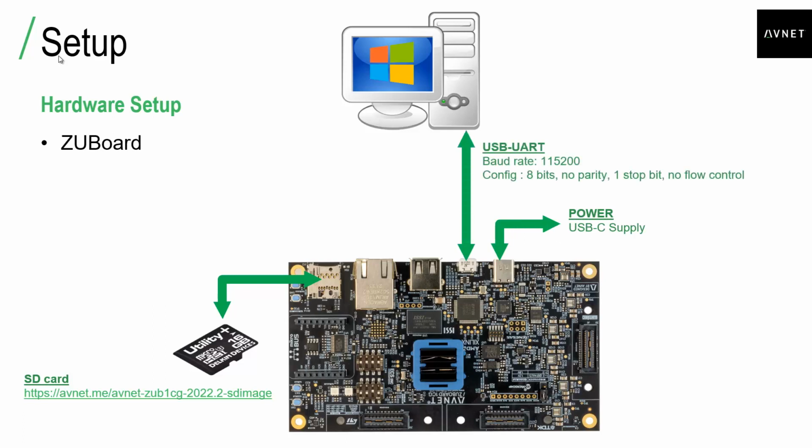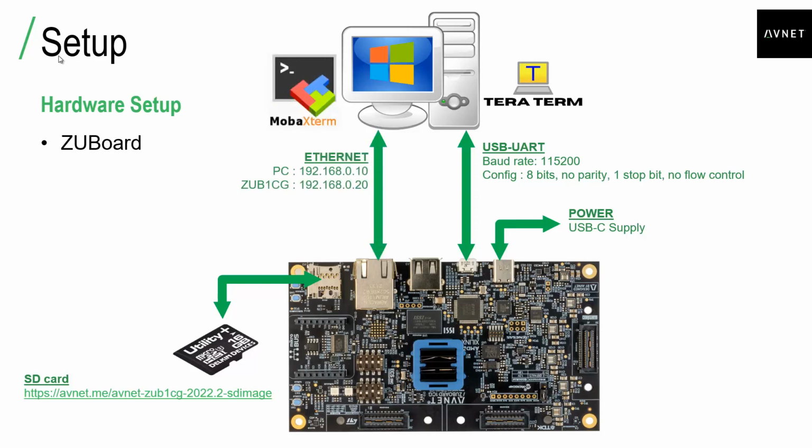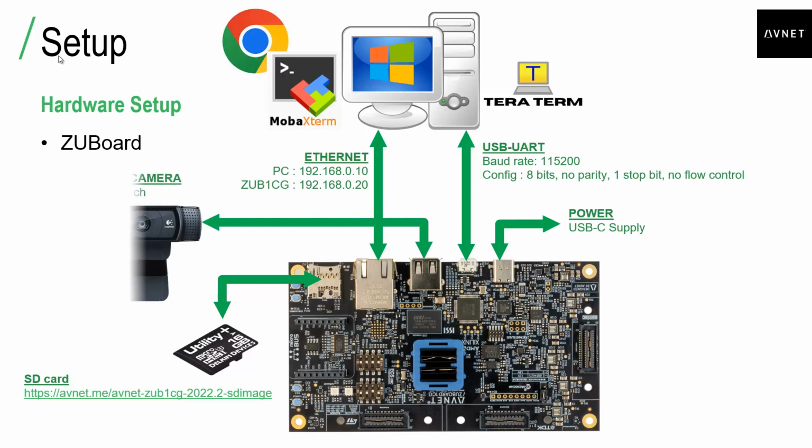We'll have this connected to the PC with a USB to serial port, as well as an Ethernet connection. And we'll be using MobaXterm to do an SSH connection and do some remote X windows to display our video. And we'll be using a USB camera for the video input.